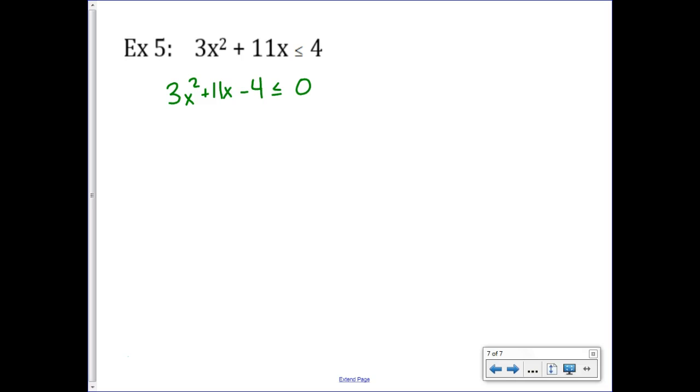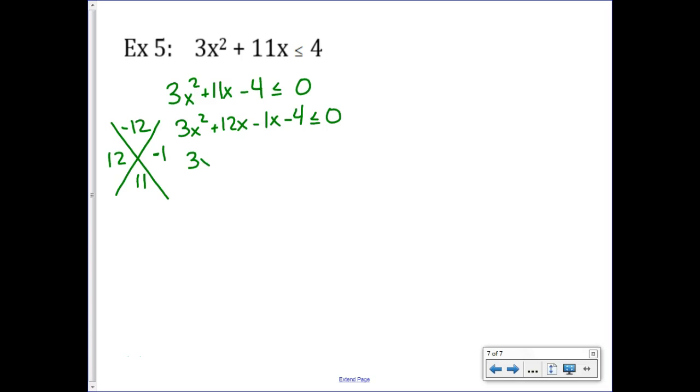And then I need two numbers that multiply to -12 and add up to positive 11. So 12 and 1. But to be a -12 positive 11, I want a -1 there. So I have 3x squared plus 12x minus 1x minus 4 is less than or equal to 0.